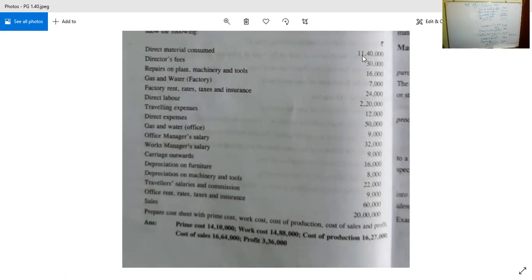See, the cost of production given in the question is 16,27,000. Minus 14,88,000, how much is it? 1,39,000. So 1,39,000 is the office overhead, and 16,27,000 is the office cost or cost of production.